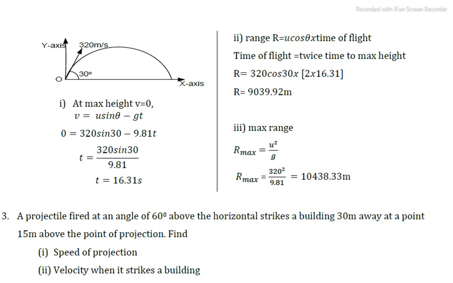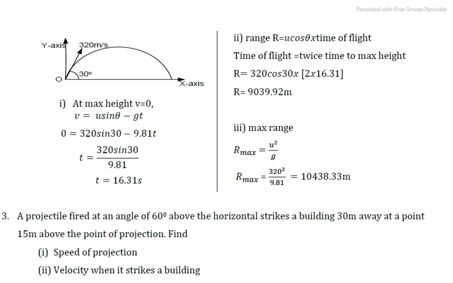Because for us to determine the range, we must determine the range when the object lands, and by the time it lands down, it would have taken the time to go up and the time to come down. So that is time of flight. So we must first get the time of flight before we get the range. But the time of flight is twice the time taken to reach the maximum height.